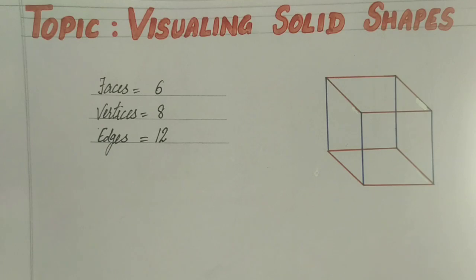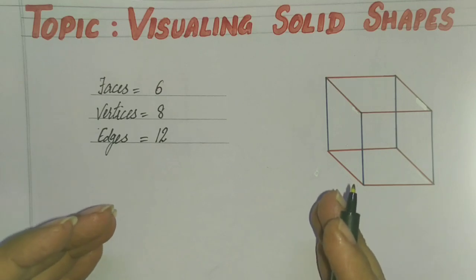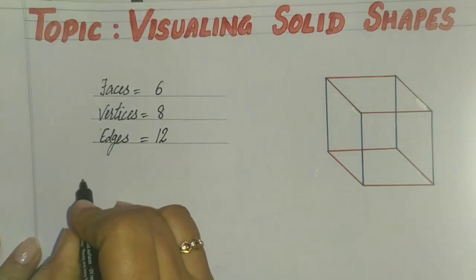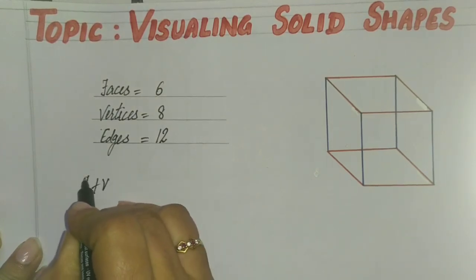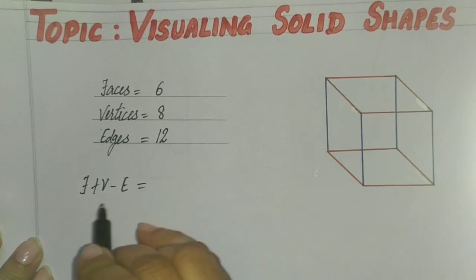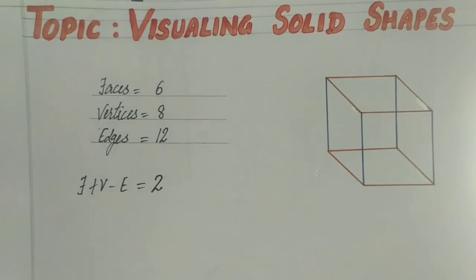According to the well-known mathematician Leonhard Euler, there is a relation or a rule between the faces, vertices and edges of a solid. According to him, if we add faces and vertices and subtract the edges from their sum, then the result will be 2.